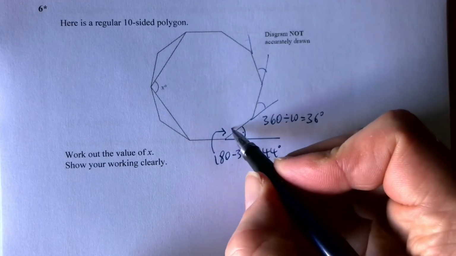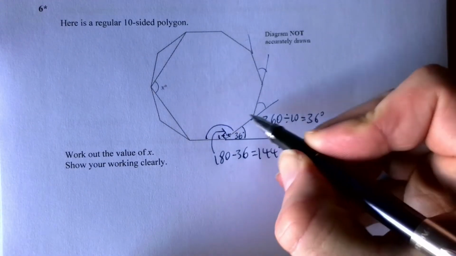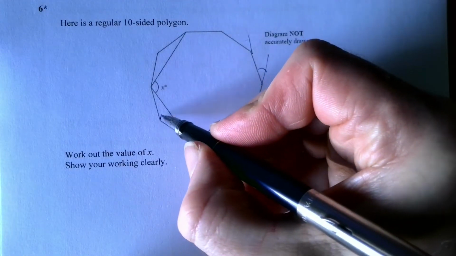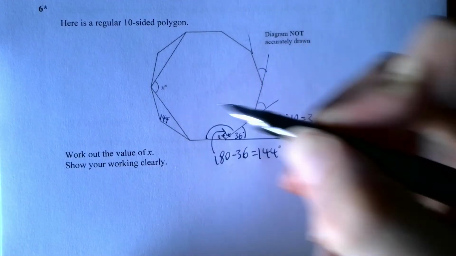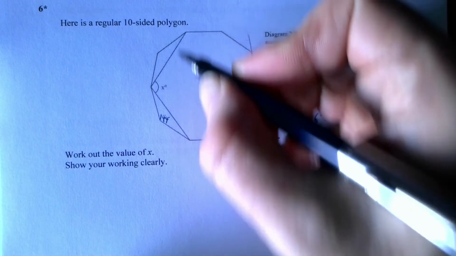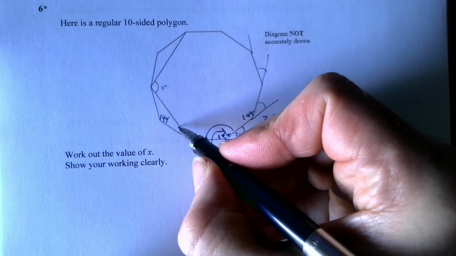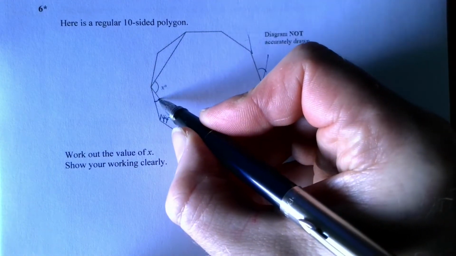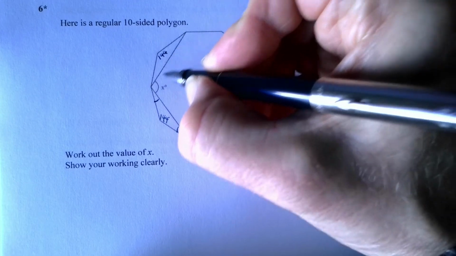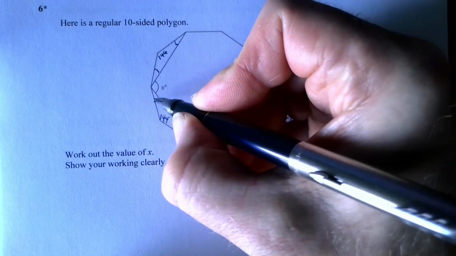Now, all of the angles are going to be 144 degrees inside, including this one. And the way I see this is these are going to be isosceles triangles. So if they're isosceles triangles, that's going to be the same size as that. This is also going to be 144.